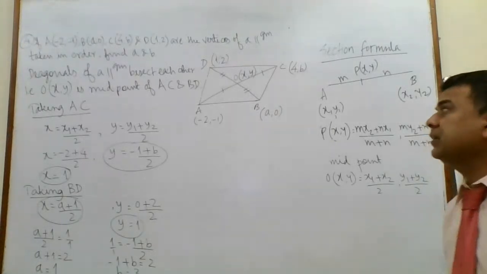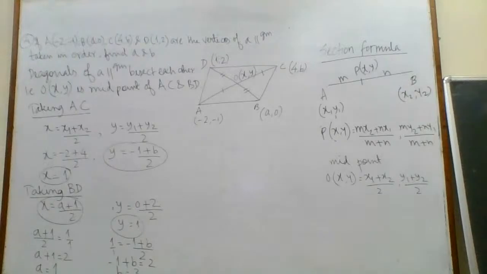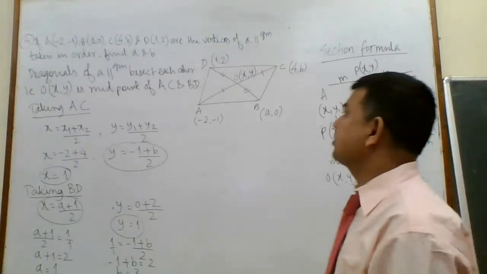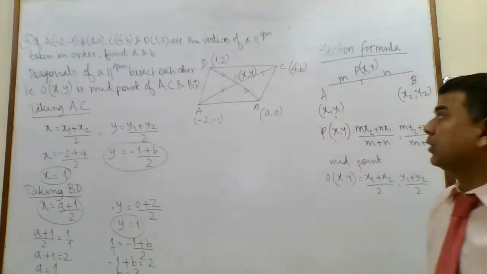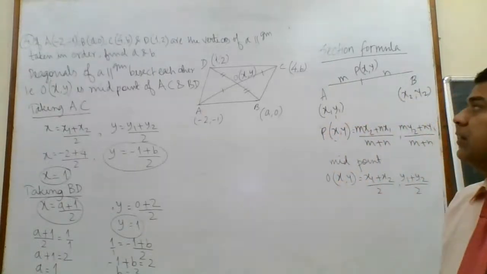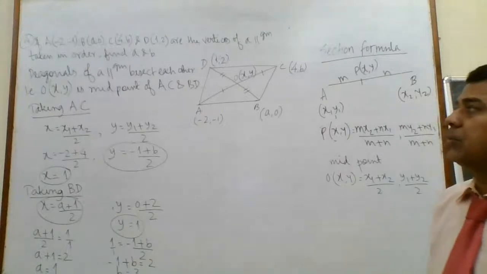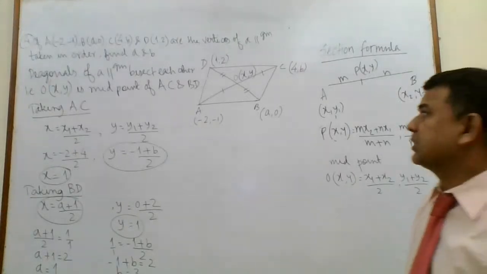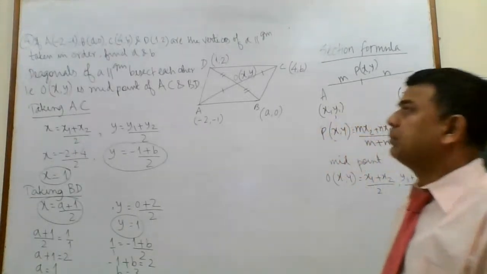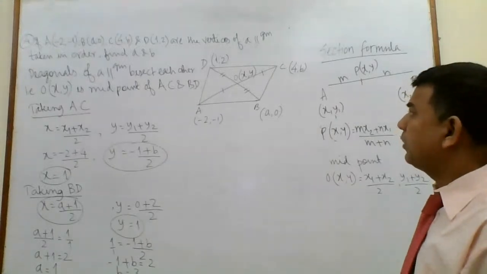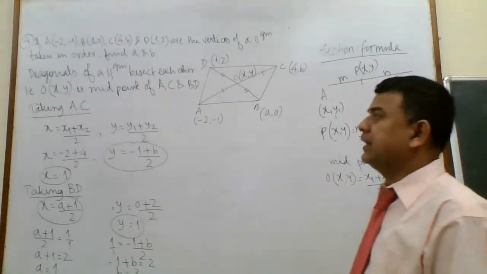So what we did here is, first we joined the diagonals. Let the point of intersection be O. It has got a coordinate. Suppose it is xy. We know the property of diagonals of a parallelogram, that they bisect each other. That means O is the midpoint. If it is the midpoint, it is the midpoint of both AC and BD.